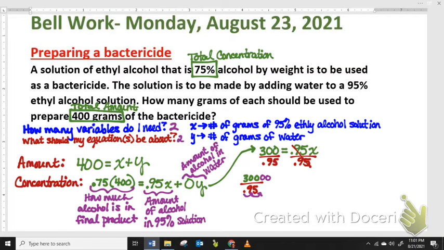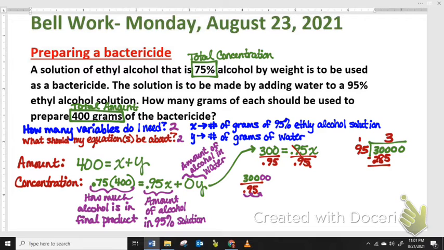So now I'm going to write down my long division over here. We're dividing this by 95. Does 95 go into 30? Does it go into 300? How many times will 95 go into 300? 3 times. So I've got a 3 up on top. Let's see, that's going to be 15, 27, 28, right?